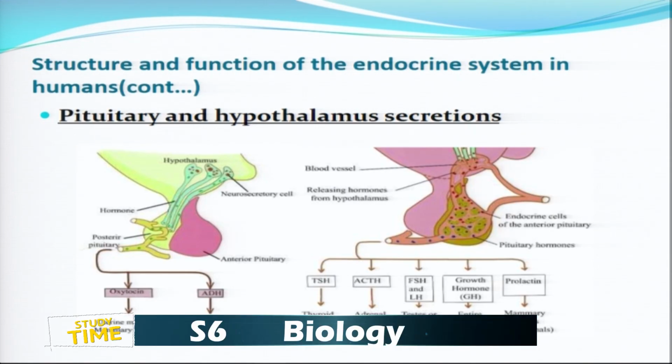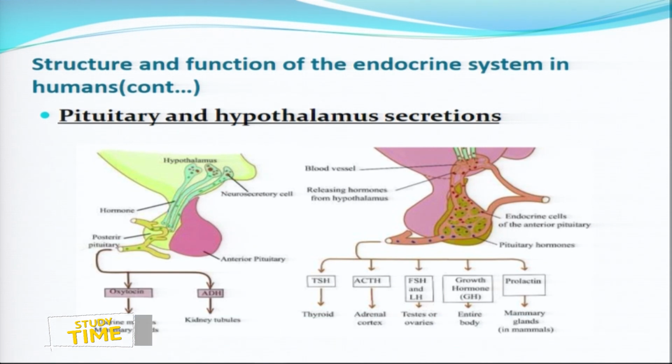Like follicle-stimulating hormone, which ensures the development of what? Of the egg. This pituitary gland secretes FSH, and secretes LH. We have talked about this. LH is luteinizing hormone, which controls ovulation. And follicle-stimulating hormone controls what? The development of the egg.